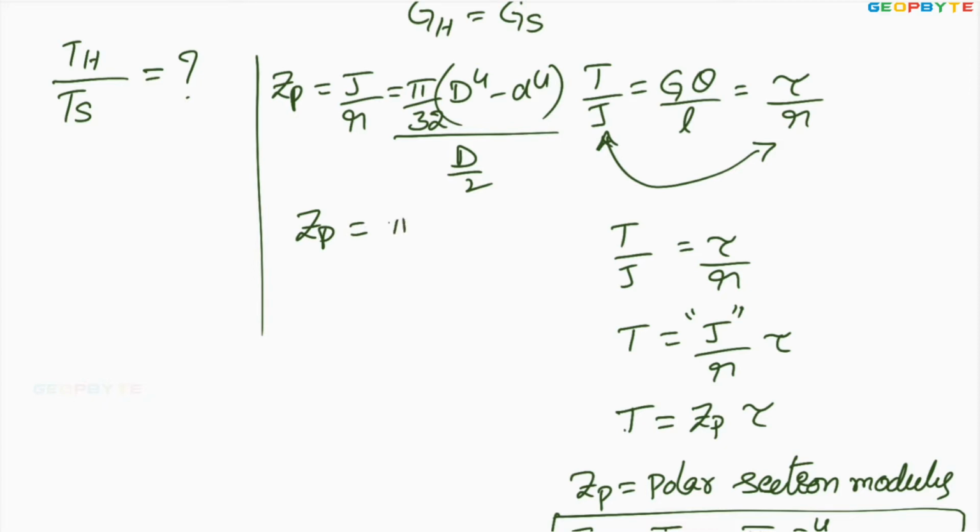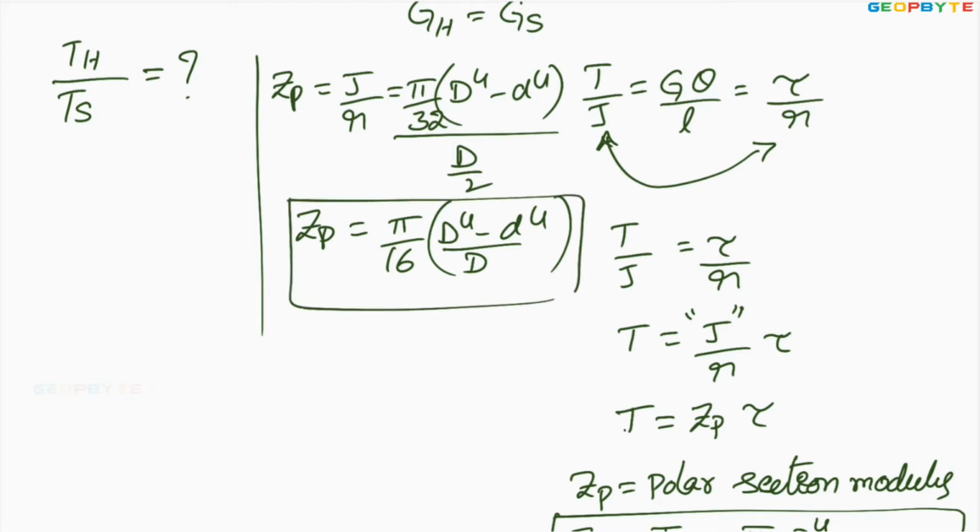Zp equals pi by 16 into capital D power 4 minus small d power 4 by capital D. That is the Z suffix P for the hollow shaft.